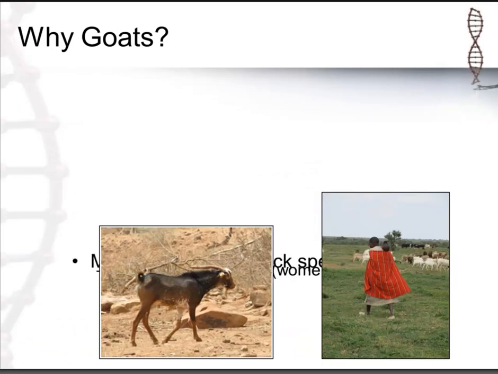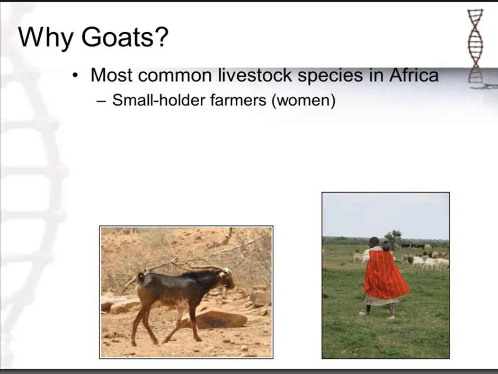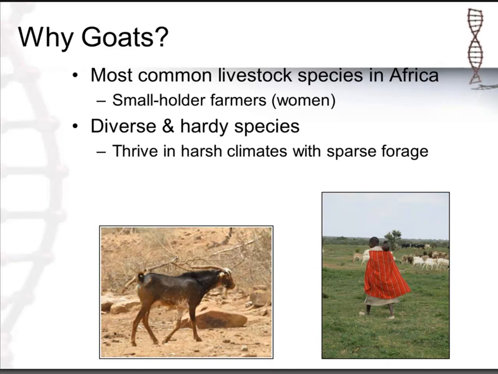So why else do we look at goats? Other than numbers, because they're some of the most common, they're also a very big livestock species that's important to smallholder farmers in particular, and this is very often women. Also, the African goats in general are really diverse, hardy species.